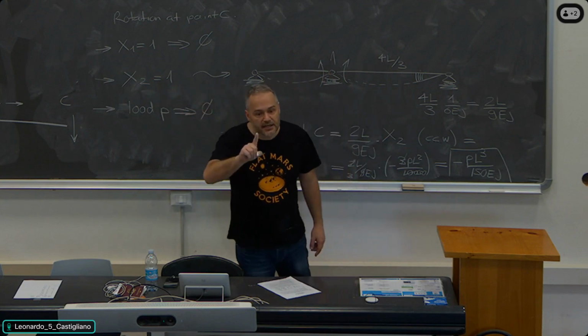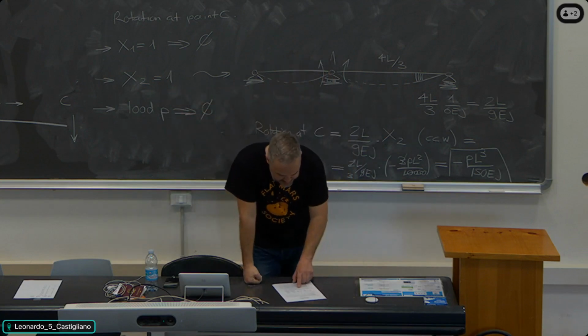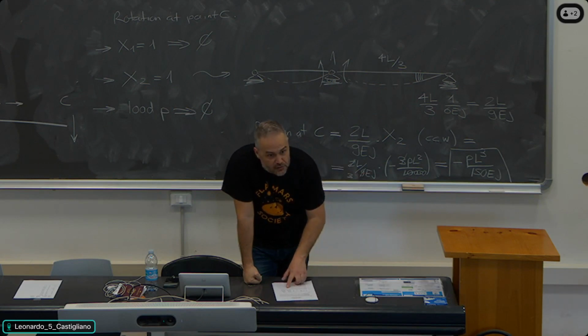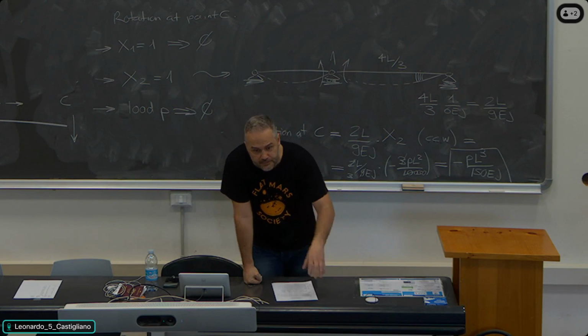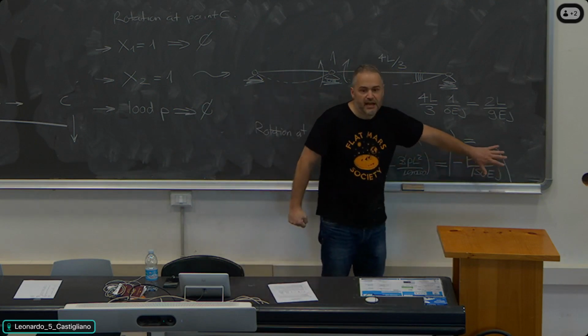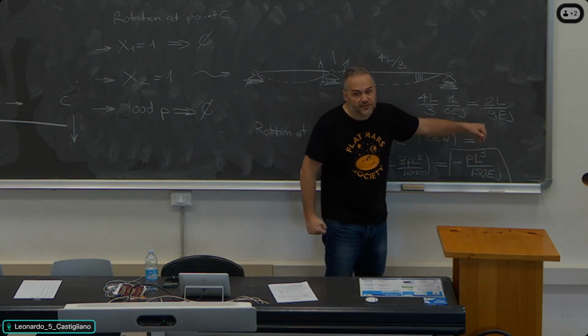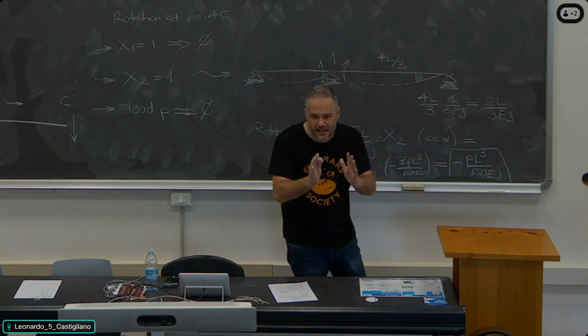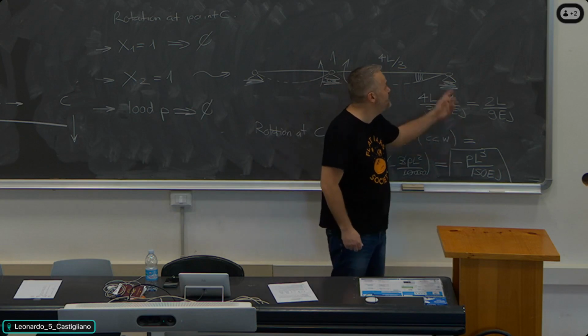So the answer, in the end, since I wrote, clearly indicating its value as a function of PL and EJ, and sign clockwise or counterclockwise. The answer should be, value is PL to the power of 3 divided by 150 EJ without sign. A value is a value. And then you say clockwise.